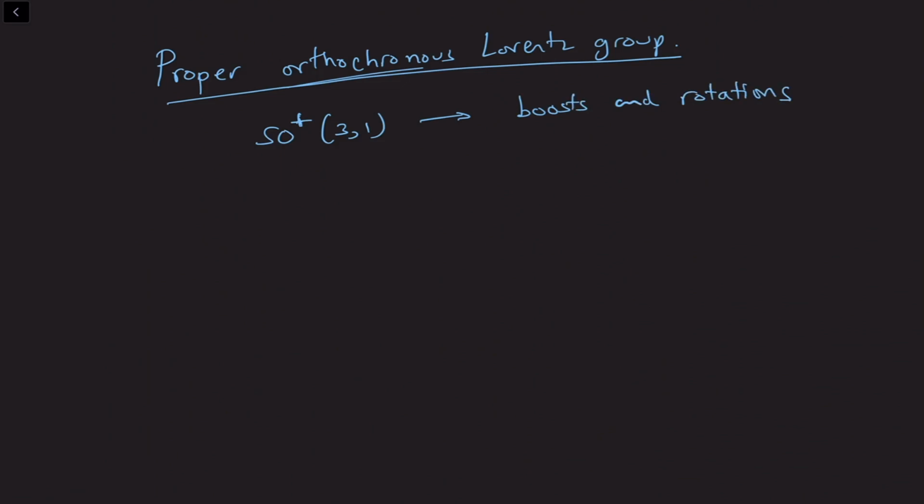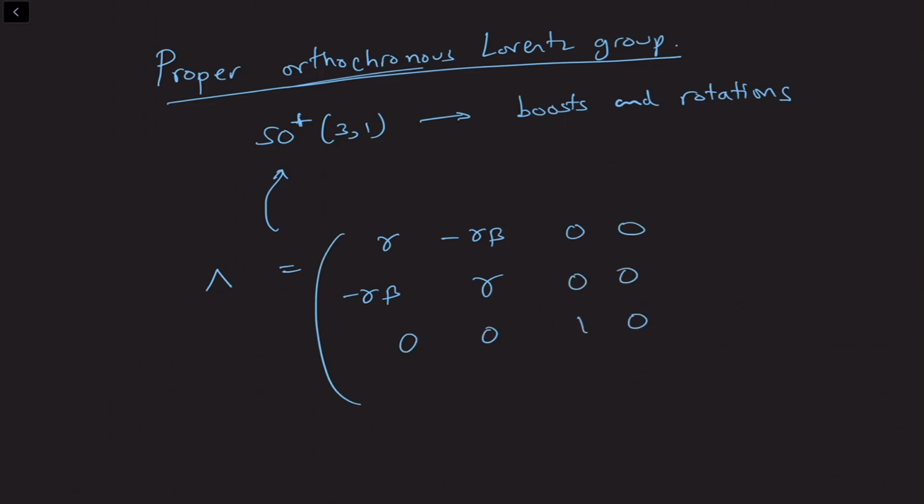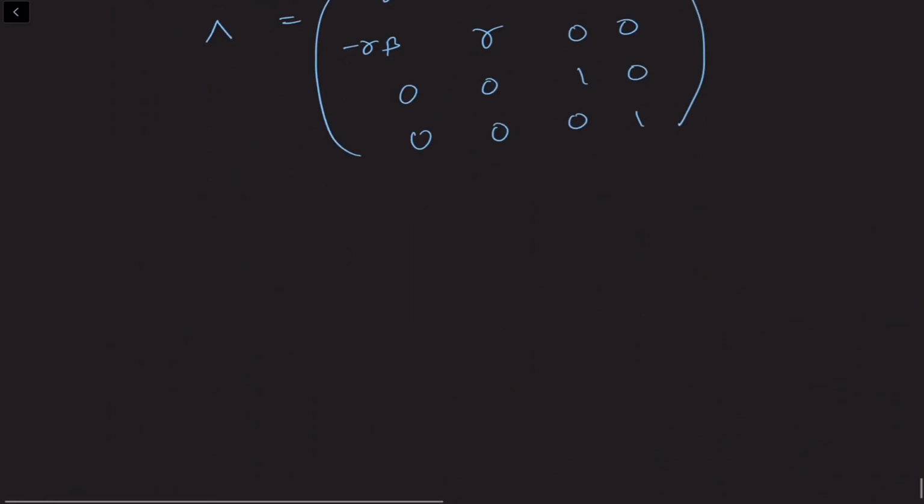Now, if you'll remember, the matrices that we used to identify this group were these matrices lambda, a particular example of which was a boost along the x-axis, where the matrix lambda looked like this. Now, what we are really interested in is the objects that this matrix acts on. For example, we were interested in how coordinates transform.